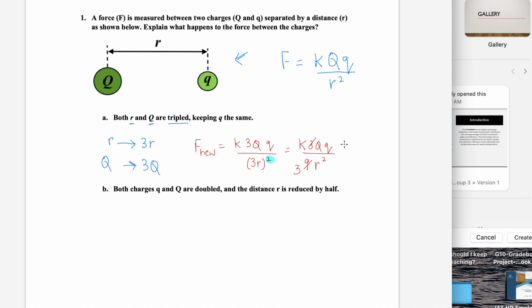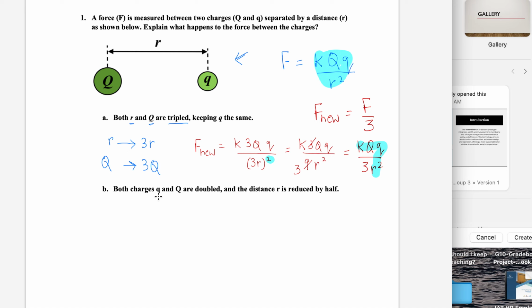We have K capital Q small q over 3r squared. KQq over r squared was our original force, and we have an extra 3 in the denominator. That means the new force has become 1/3 of the original force, so it has decreased.